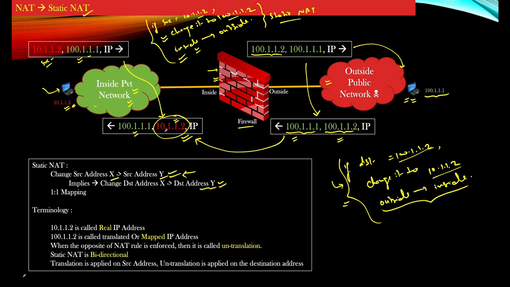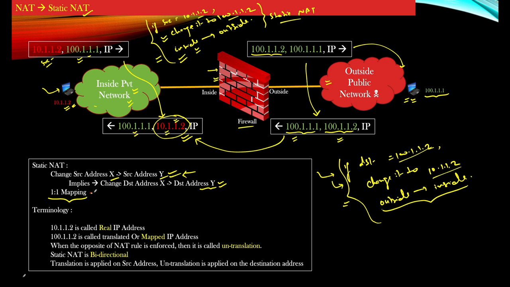So here the destination IP address of the packet is a private address. So this is how Static NAT works. The administrator installs the rule, and its converse rule, or the opposite rule, is automatically installed or enforced on the device. And this static rule is a one-on-one mapping.